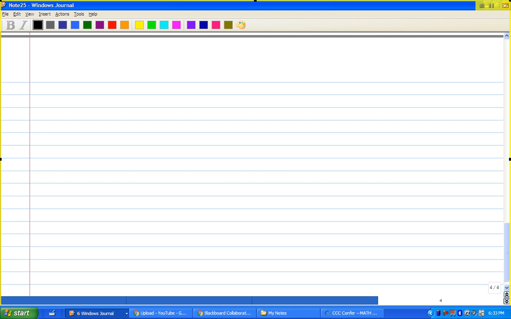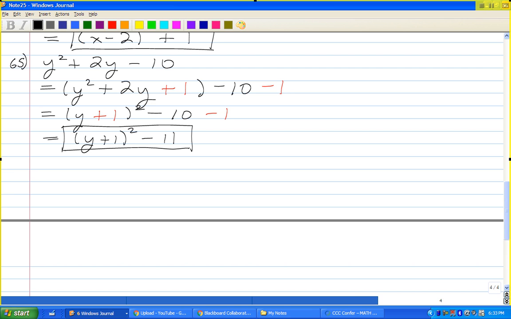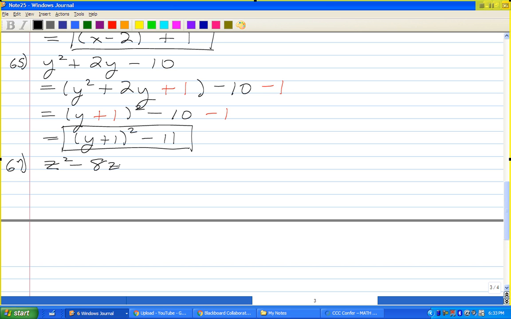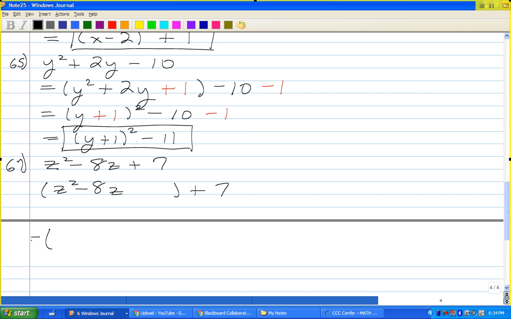Let me do problem number 67. z squared minus 8z plus 7. So I have z squared minus 8z plus 7. Let me complete the square.